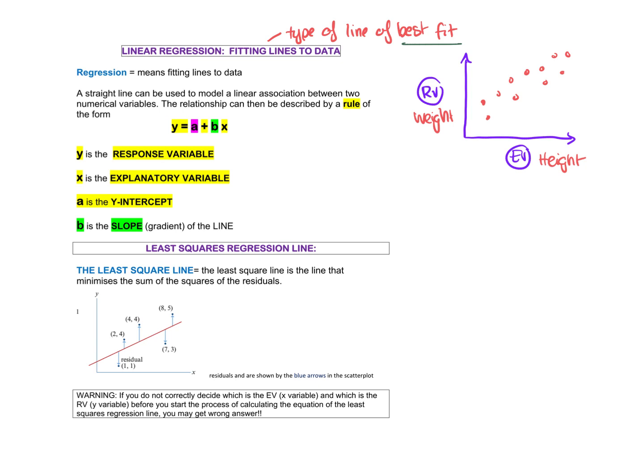The one we end up using is called the least squares regression line. It's a method that the calculator is using to get the line of best fit. So you'll hear them use the wording least squares regression line.